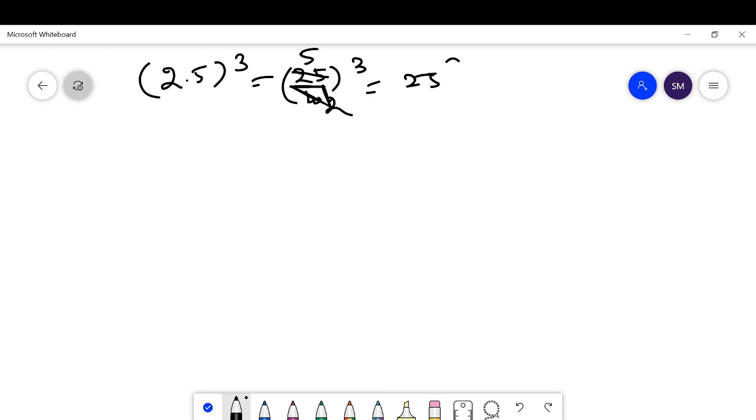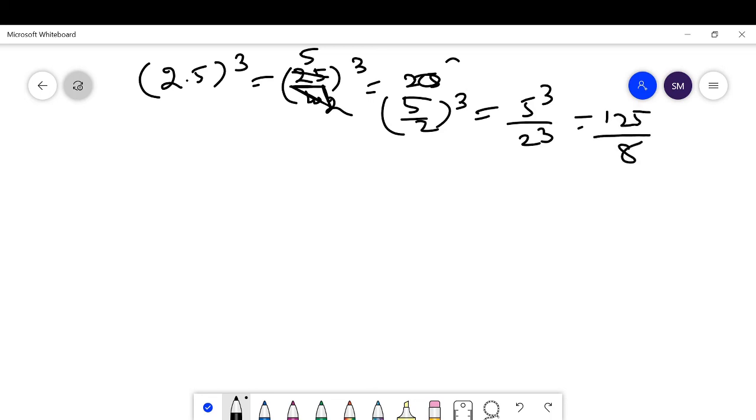Then this is 5 upon 2 whole cube, which means 5 cube upon 2 cube. 5 cube is 125, 2 cube is 8. Then 2.5 whole cube is 125 upon 8.